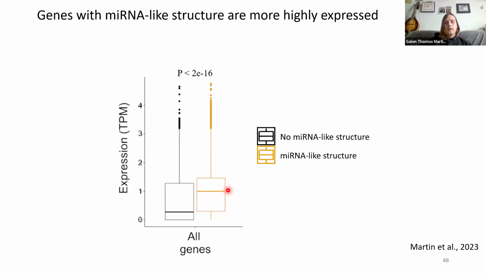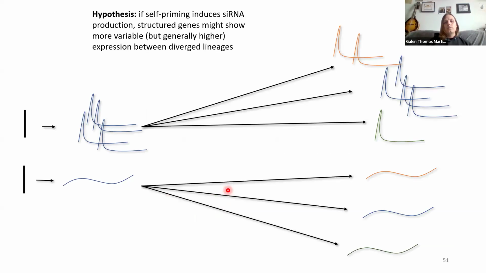It may be that these genes need these highly structured regions, important genes that are highly expressed need these hairpins in order to, for example, direct them to different places within the cell or to recruit various enzymes to them for processing. But it's still kind of a strange result, right? Being that we expect these small RNAs to be silencing elements, and we don't find that that's the case.